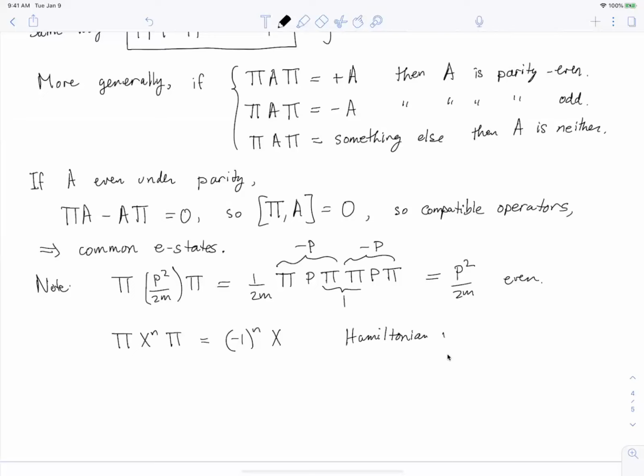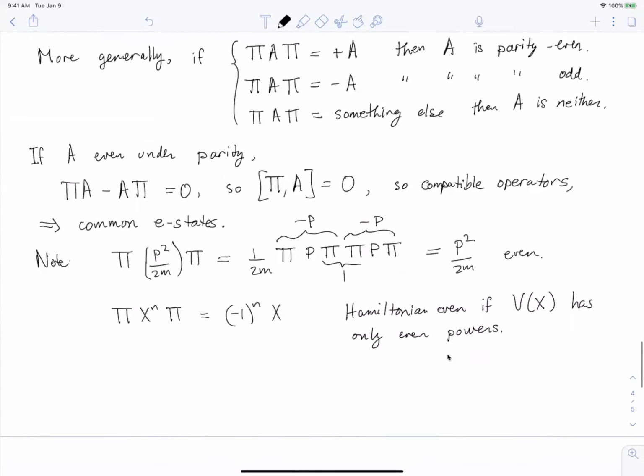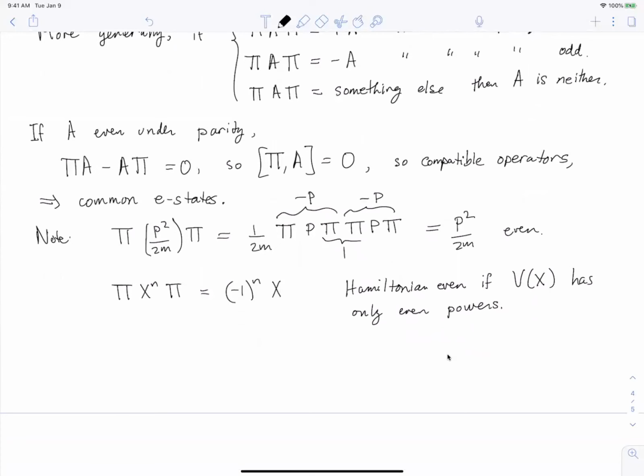So the Hamiltonian is even if the potential v of x has only even powers. Okay, so I think next time we will talk more about the consequences of parity.